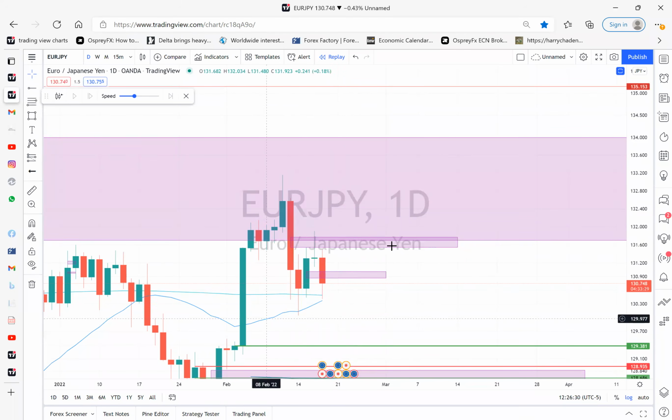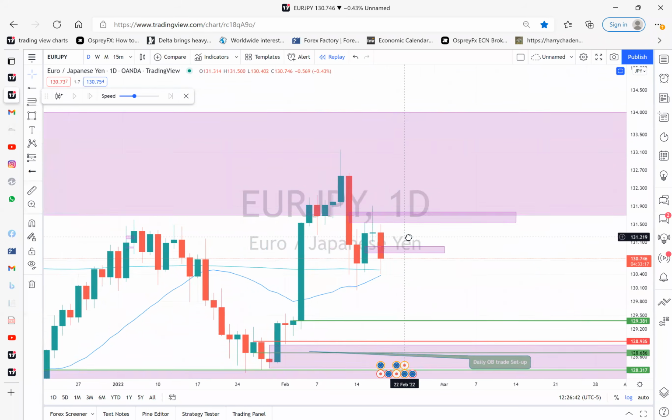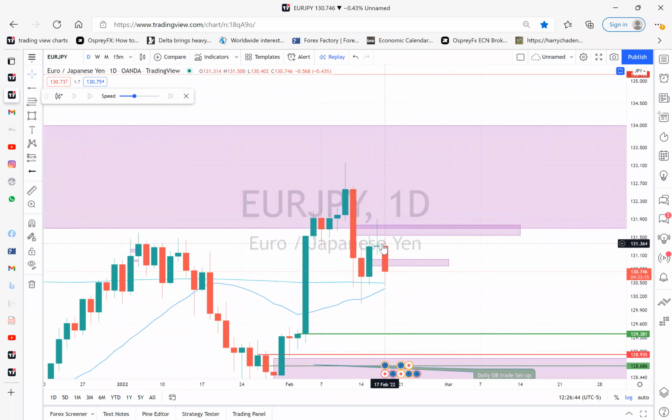So if you watched my Zoom this weekend, I told you that the JPY pairs are going to be heavily influenced by what's going on with Russia, right? So to me, unless you're scalping this, you don't want to make your living in JPY this week or while the news is going on about Russia.